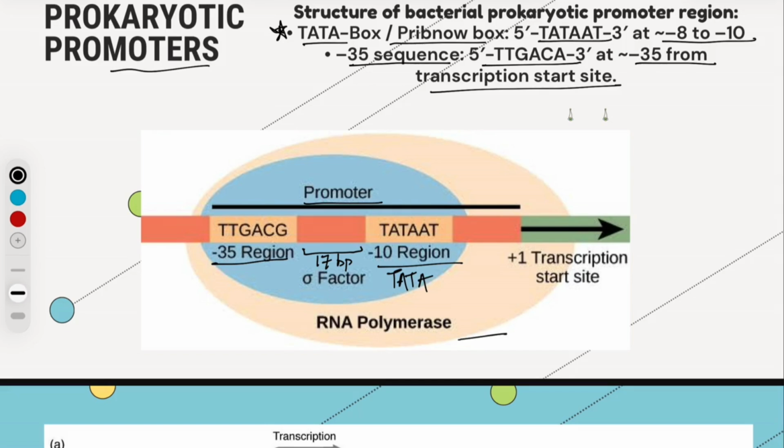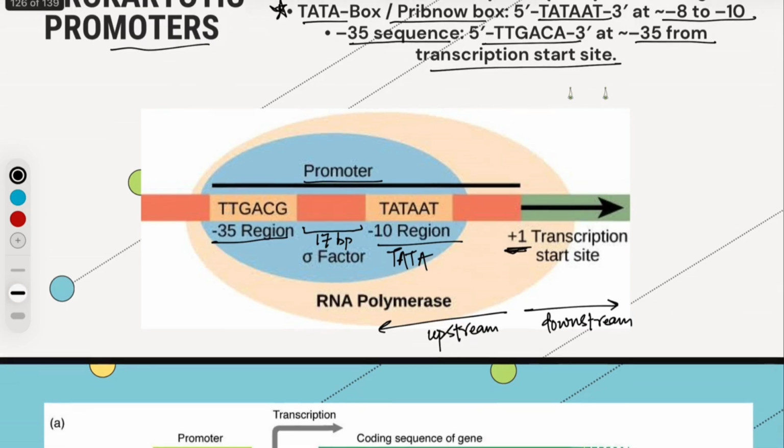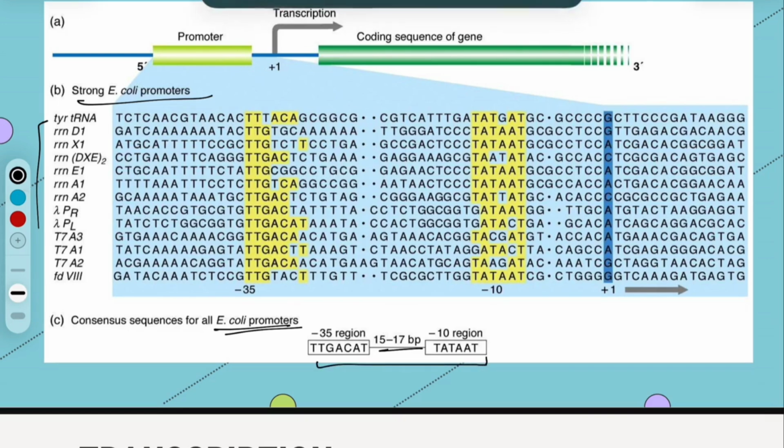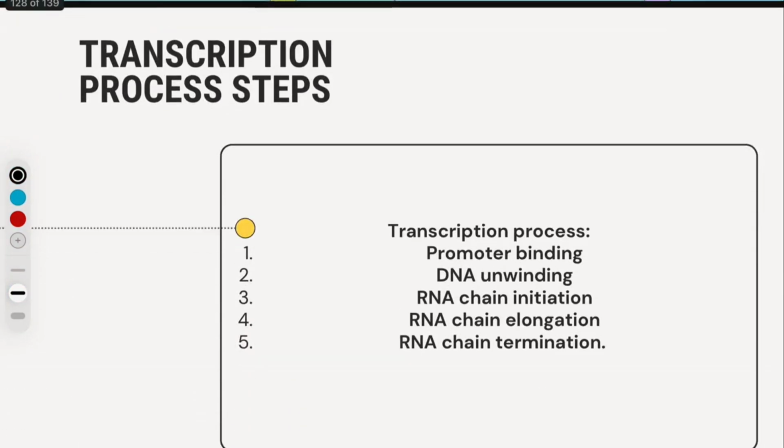So this is very important from an initiation perspective. From the transcription start site, this one is upstream and downstream, plus one is the starting site. Here you can see in various species of E. coli what the promoter sequences are, and this is the 17 base pair distance between these two boxes.